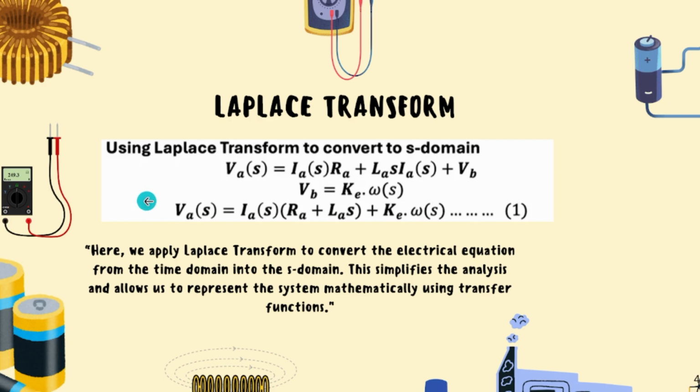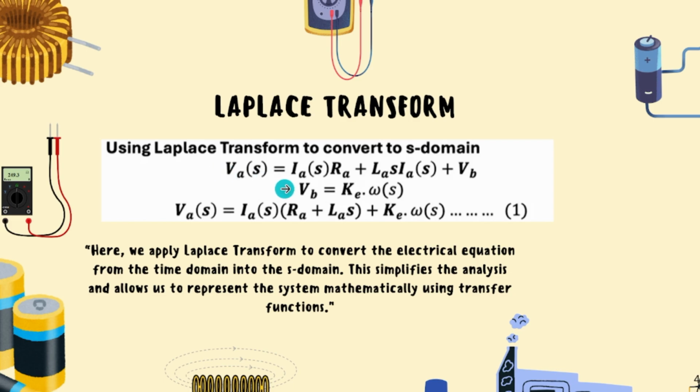In this slide, we apply the Laplace transform to convert the electrical equation from the time domain into the S domain. This makes the mathematical analysis easier and helps us derive the transfer function. As you see, this equation represents the electrical equation of the DC motor in the S domain.